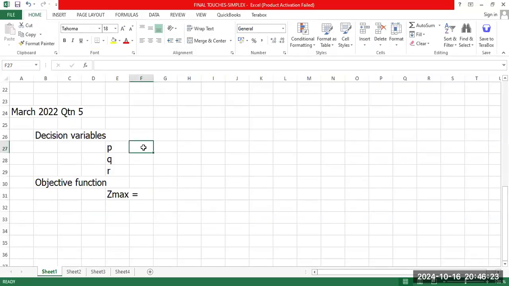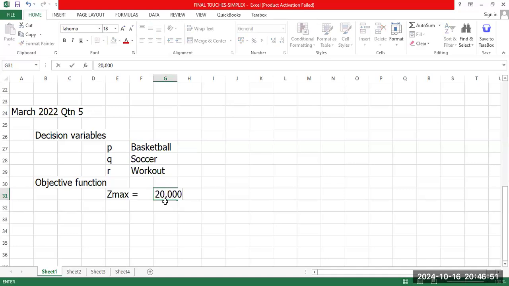So it means that what I'm going to do is to say here, I've started with basket. P is representing what? Basketball? Yes. Then Q? Soccer. Then next, workout. Okay? Perfect. So it means that as I state my objective function, basketball, it is 20. I expect to earn 20,000 on every pair of basket.